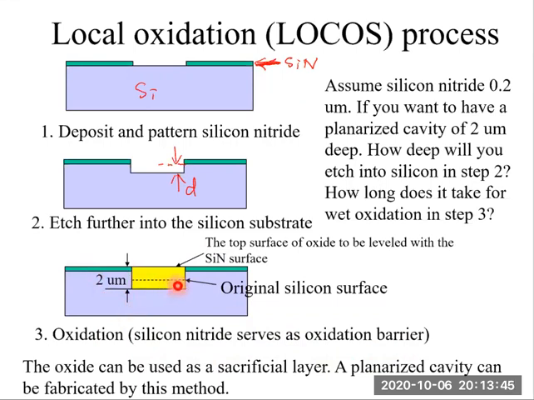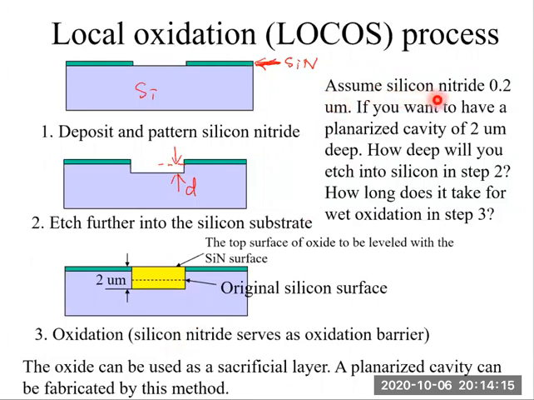Only this exposed cavity is oxidized. So inside this cavity, the silicon is oxidized, or the silicon oxide grows and refills this cavity. So this yellow pattern stands for the silicon dioxide layer.